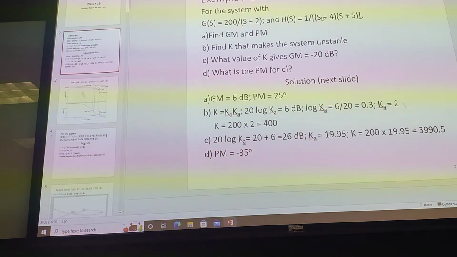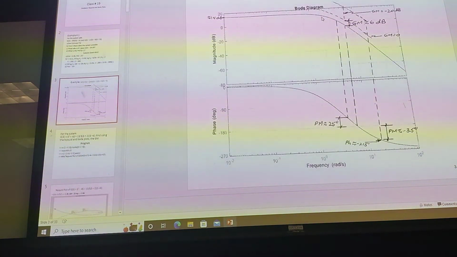And then K has to be not plus 2, but times 2, because we are dealing with the logarithmic scale. And then for K equals 400, the system will move to this dotted line that we have indicated there, which is the limit of stability.